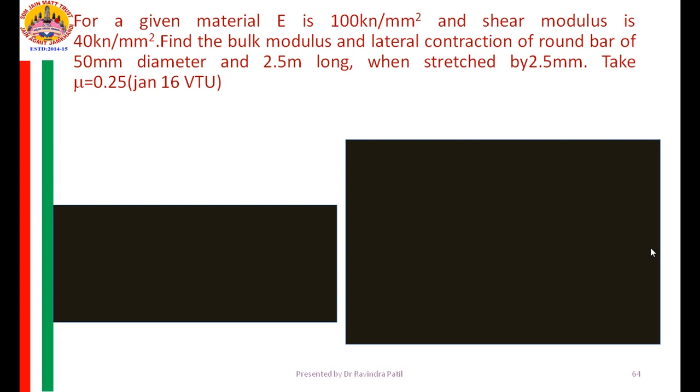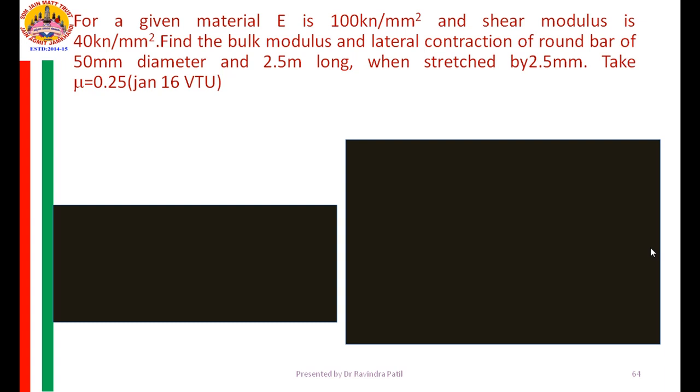Yes, we shall go for one more problem. All these problems are from the VTU question paper. For a given material, E, Young's modulus, is 100 kilonewton per mm square, and shear modulus is 40 kilonewton per mm square.